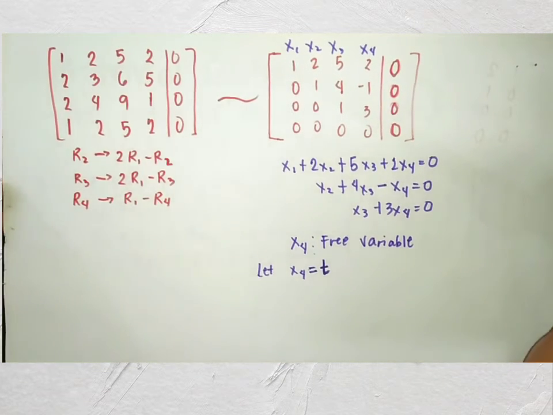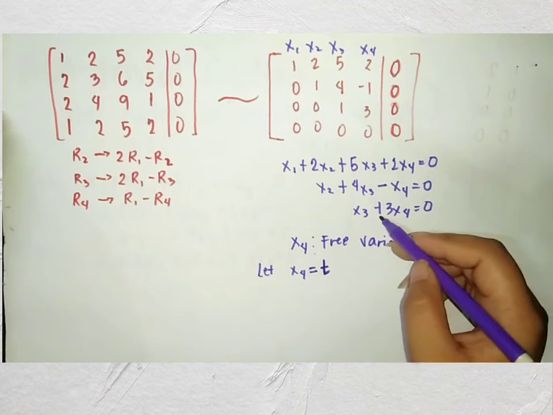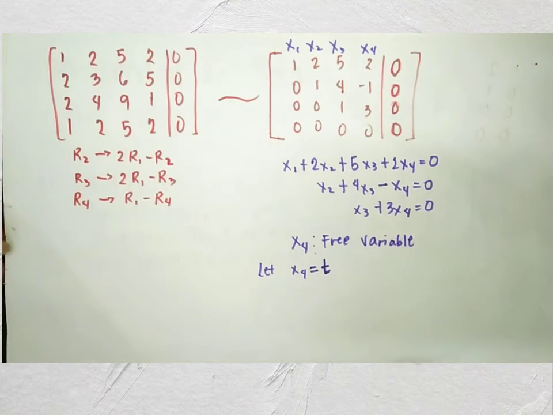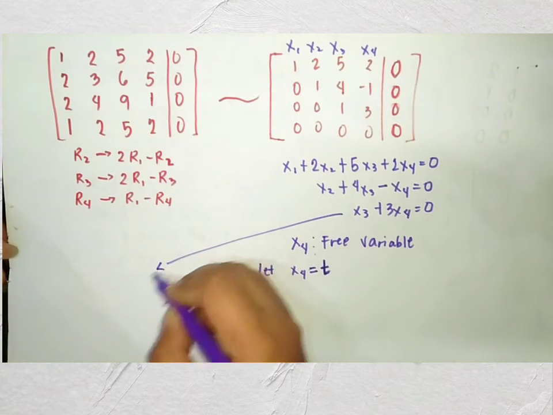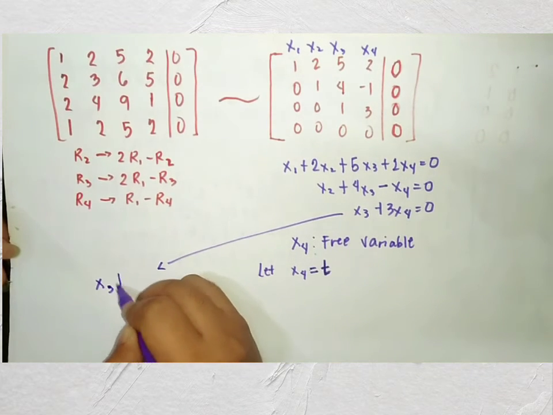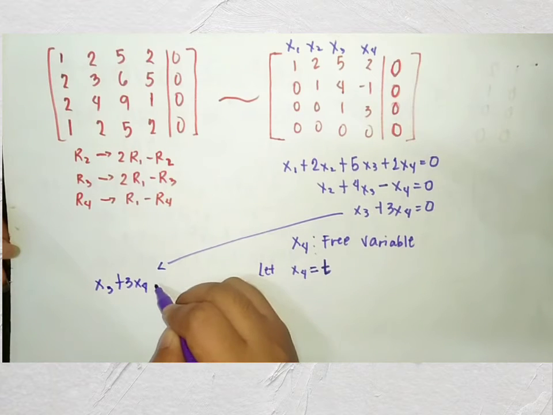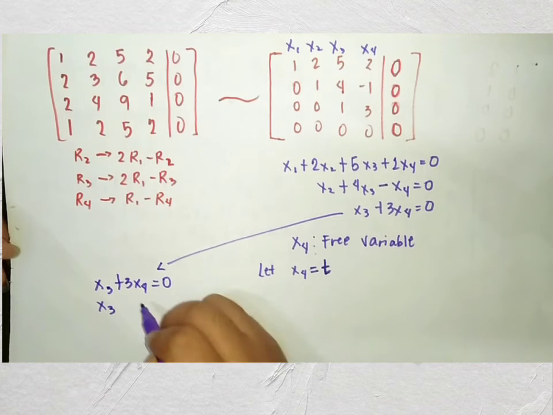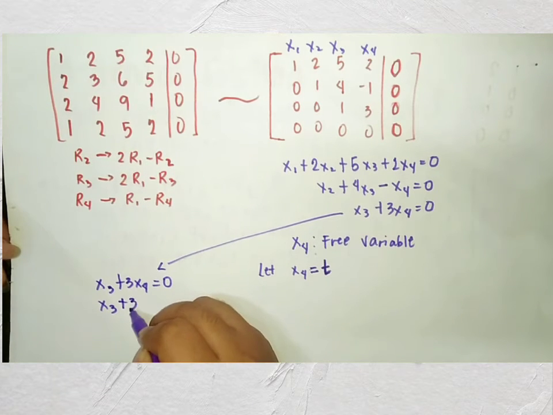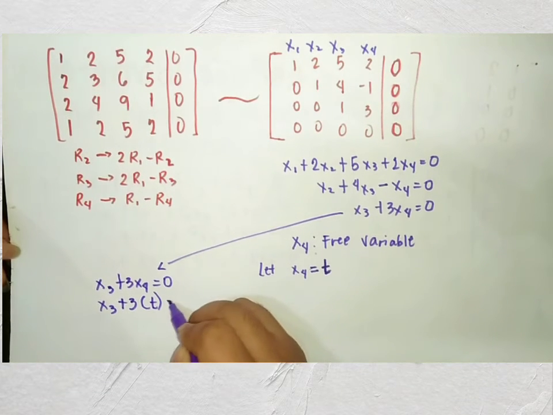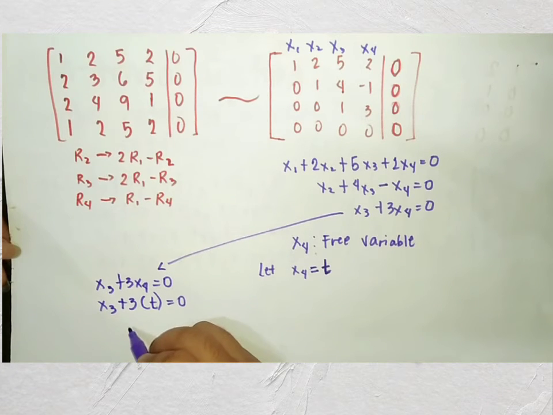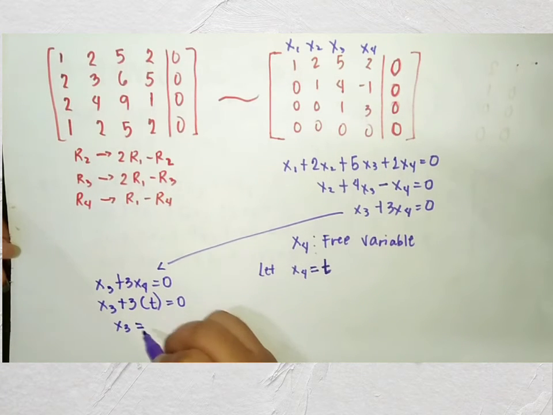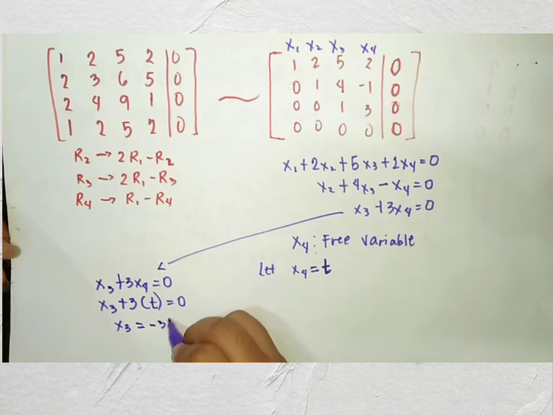Ngayon naman, unahin natin itong x sub 3. x sub 3 plus 3x sub 4 is equals to 0. x sub 3, since may value na yung x sub 4 natin, which is t, so 3, lagay natin din t, is equals to 0. So, x sub 3, ililipat natin itong part na to sa kabila. So, magiging negative 3t na siya.